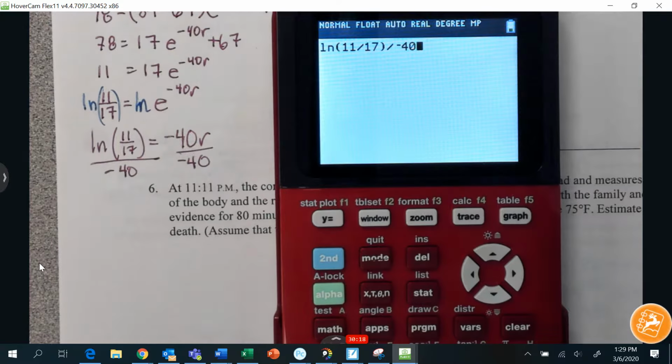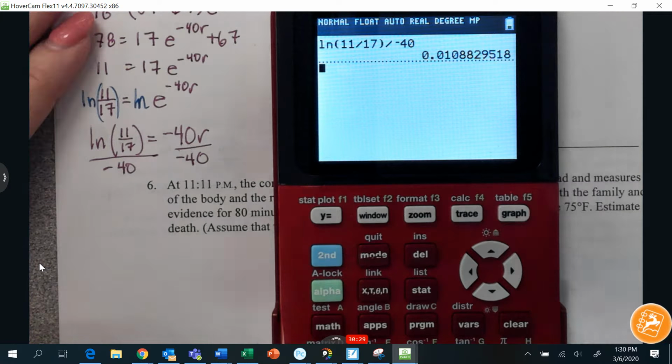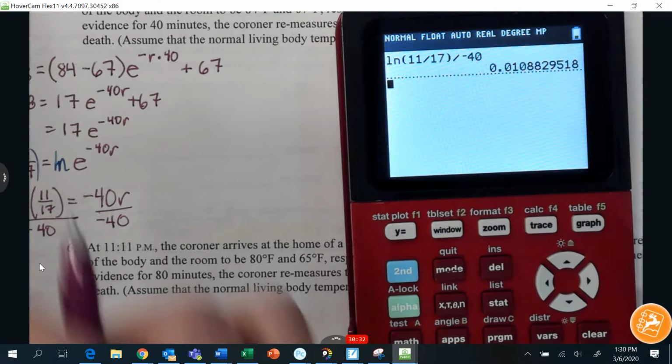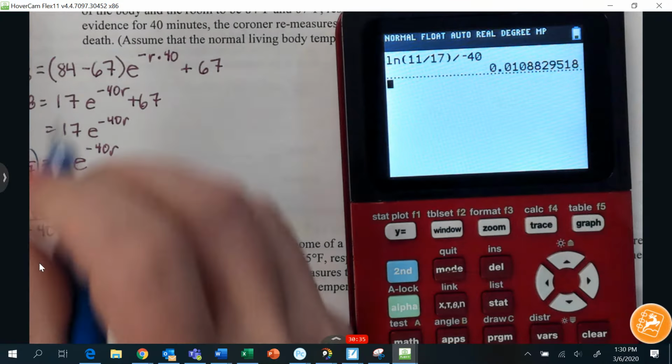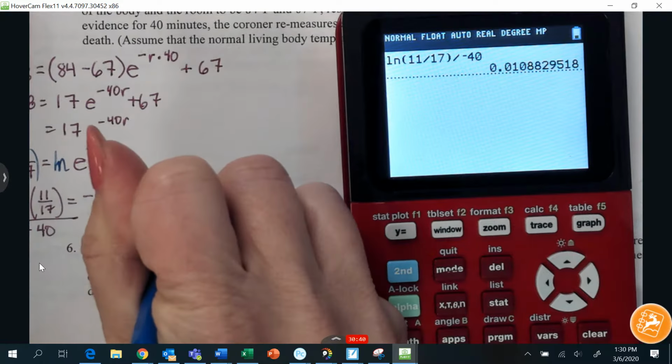It's alpha y equals, or some of you can do alpha x, but not everybody can. So I found the rate. This is my R. Y does what? Okay, it keeps saying I have an error. Then you probably do.